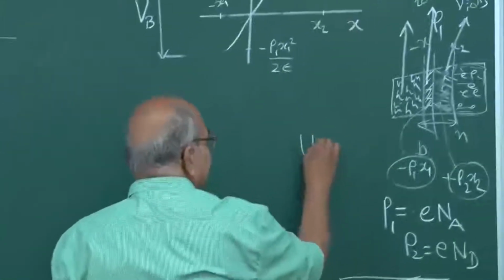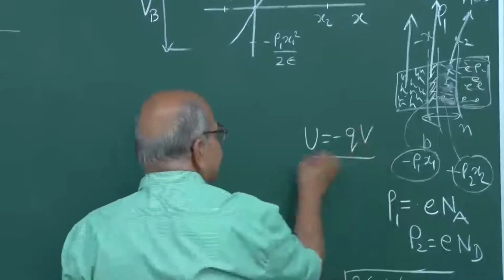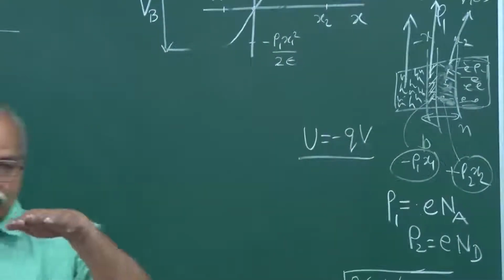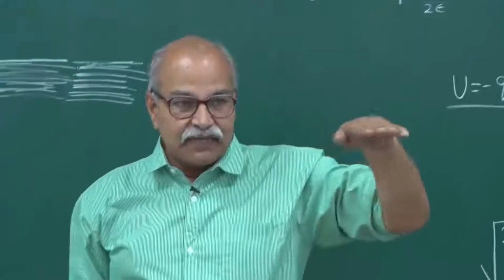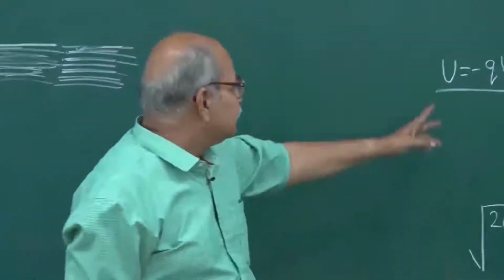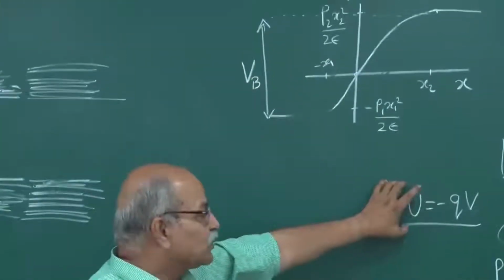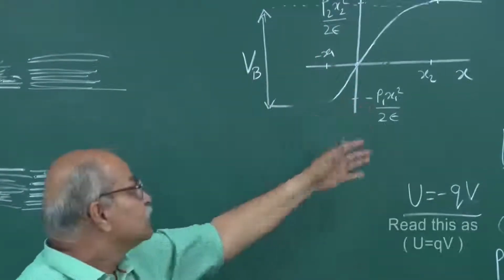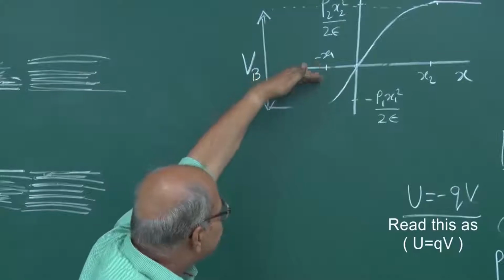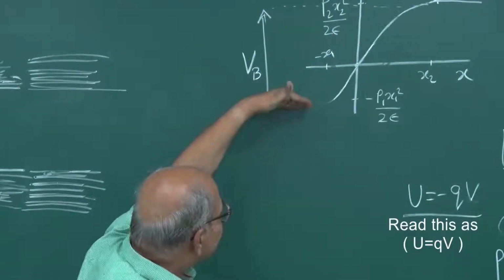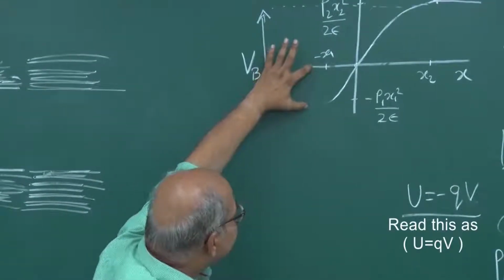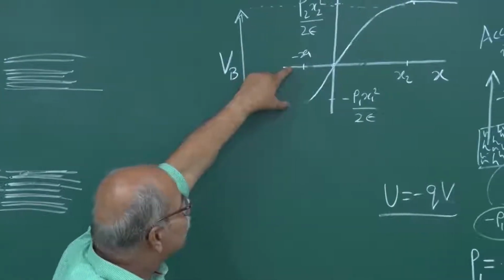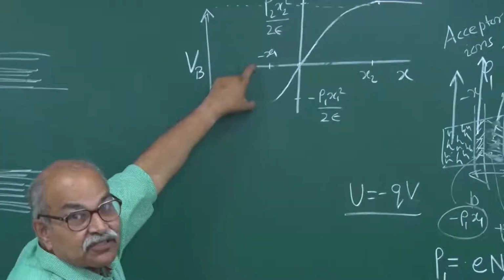Energy is Q times V. So if you have an energy level somewhere and then this extra energy is imposed, that much shift will be there. Since the potential here has gone down, the energy will go up, each energy level will go up by Q times this much amount.